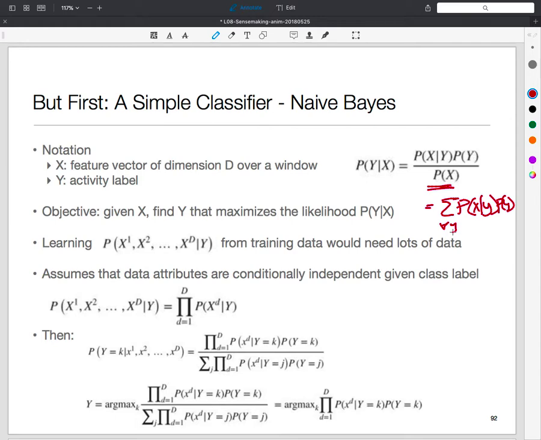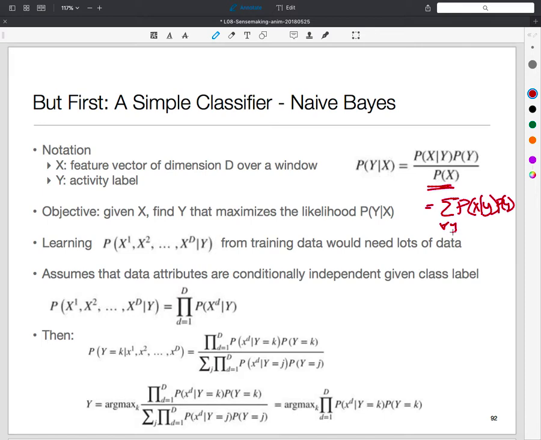So now you see that there are two types of distribution occurring in this. There is the probability of each dimension of x given y equals k, and the probability of y equals k. So how many parameters do I have? Well, I have the probability distribution of y.